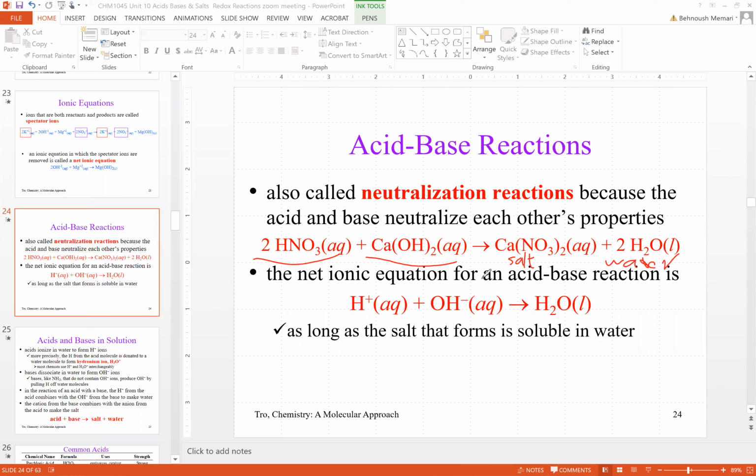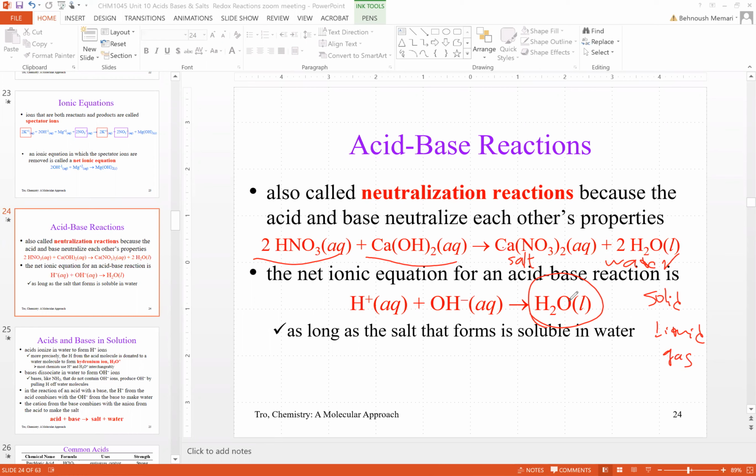If the salt is a soluble salt, then these would count as spectator ions, and the only thing that is not canceling is the water, because a solid, liquid, or gas, or molecular compound, you cannot break down to ions. If you have solid, liquid, or gas on the product side, it would stay.